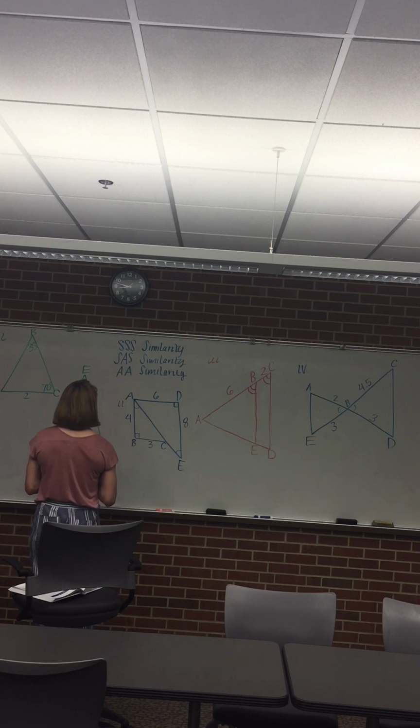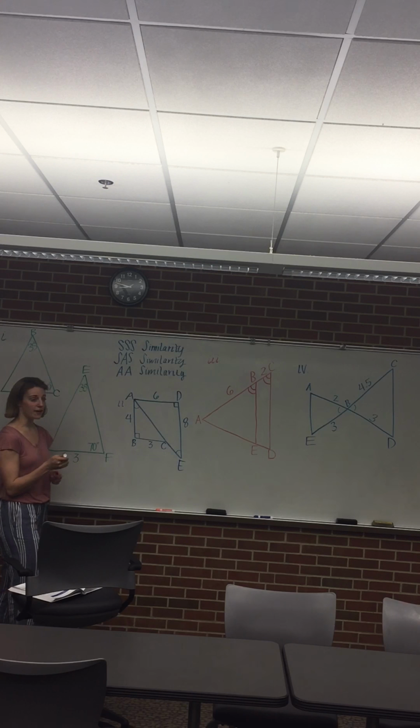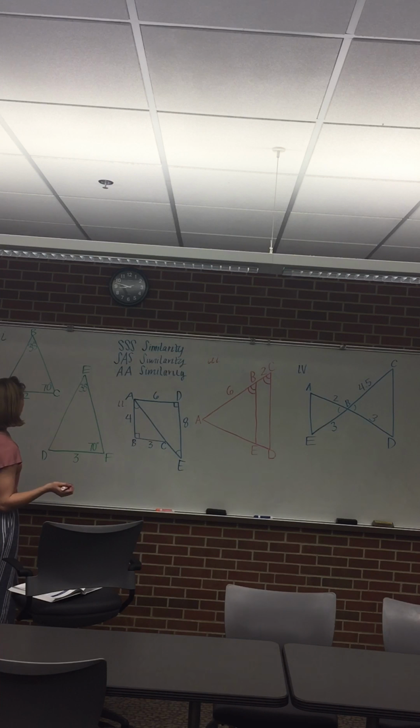From that alone, we can tell it has angle similarity. So this triangle is similar by AA. The next part is asking us to find the scale factor. Here we're looking at the length. AC corresponds to DF, and so our scale factor is 2/3.